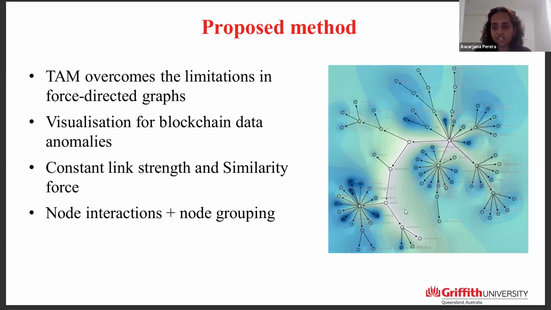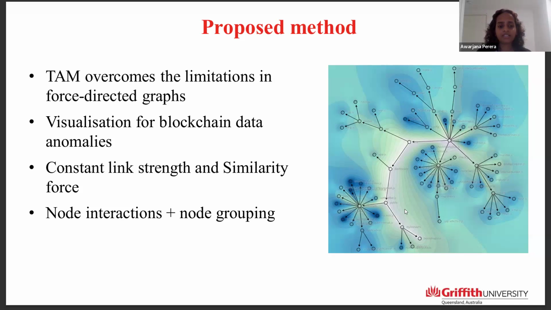If we look at this diagram over here, this is a sample diagram for sample data developed using TAM. Since it's built on force-directed graph theory, the same thing might happen here. The similar nodes may be positioned far apart from each other, but due to these color mapping techniques, even though similar nodes are placed far apart, they are placed in the same color contours. So we can easily identify which nodes have similar values and which nodes differ in value from one another.